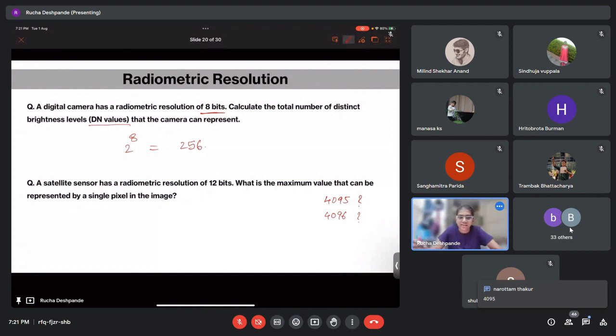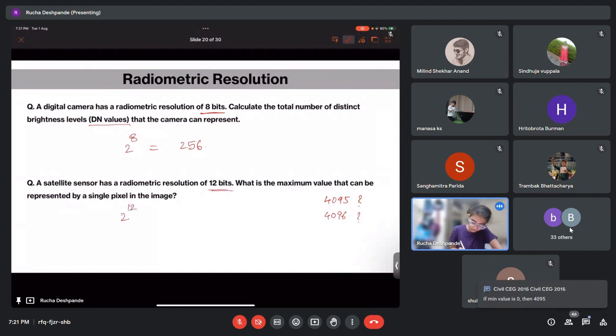Anyone else? Okay, so the radiometric resolution is 12 bits.